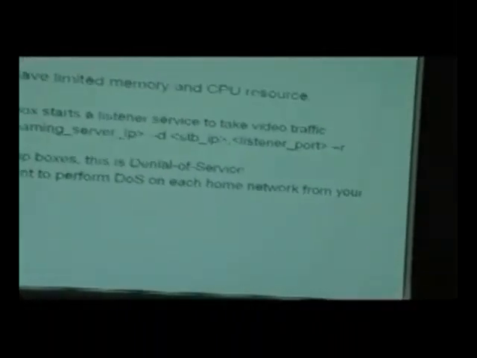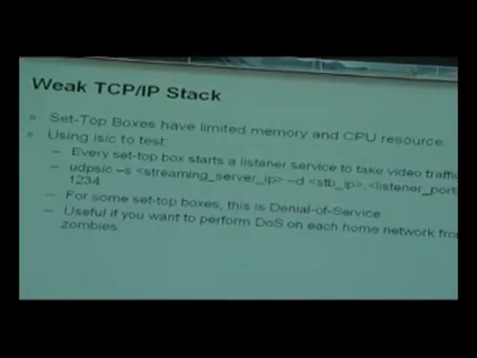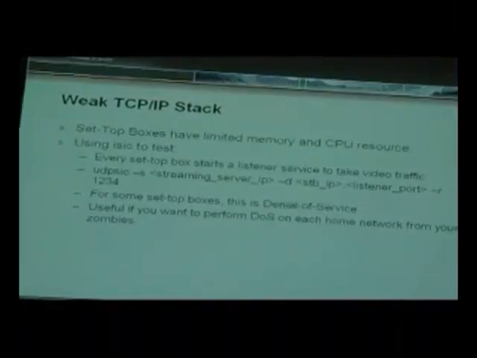And we looked at the TCP/IP stack. We found that most of the set-top boxes have limited memory and resources to use. So when you are watching TV, certain types of set-top boxes will open a service listening on some high port running UDP just to listen to the multicast traffic.